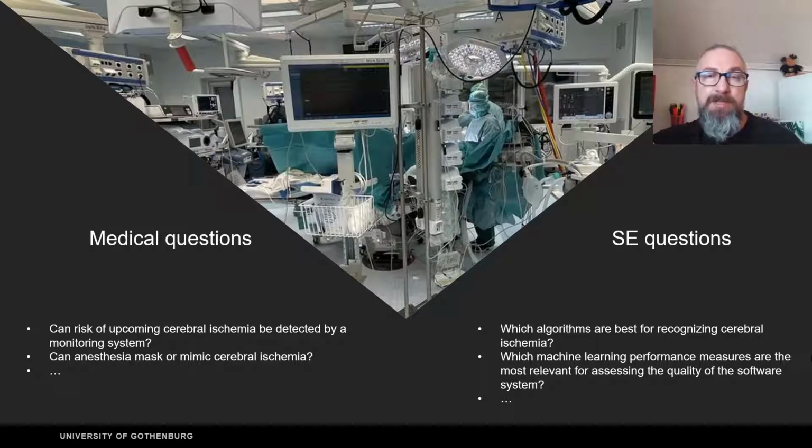Now, in software engineering, the questions have nothing to do with patients. The questions have to do with the technology that we use to solve the problems that the medical domain has. So our problems are usually about the types of algorithms we should use, how do we store the data, how do we construct the entire system, the entire data flow, and how good those data flows are, and how do we establish this as a practice in the clinical environment.